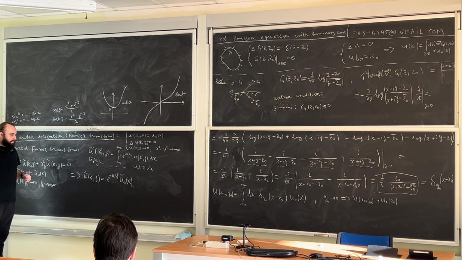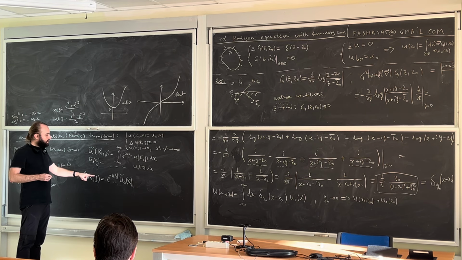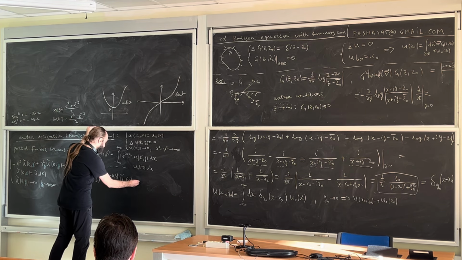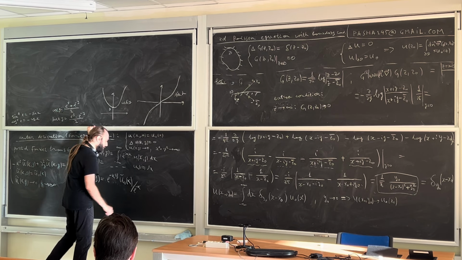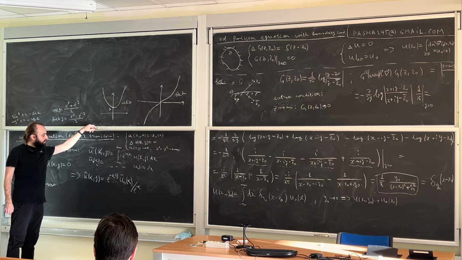Over e to the minus k? What do you mean? Well, divide. Like this? Yeah. Why? What does it mean?